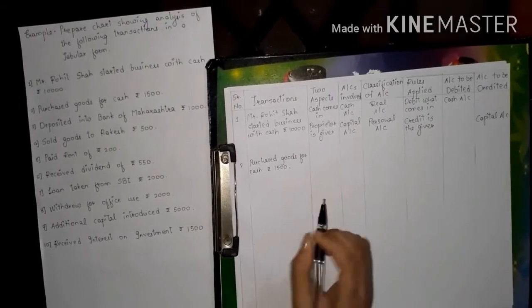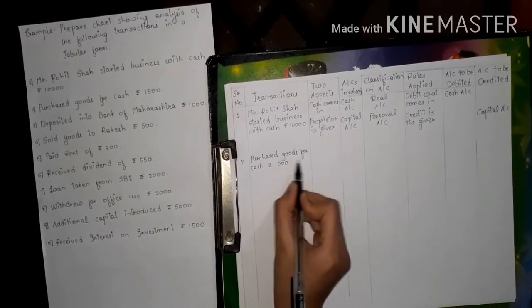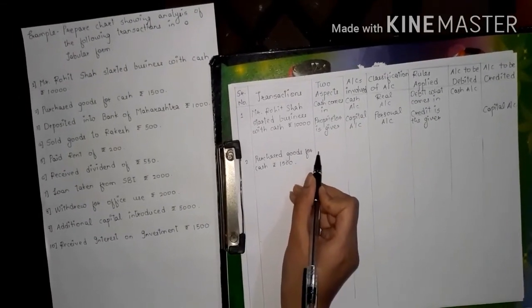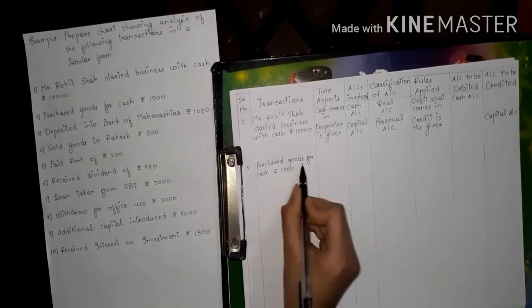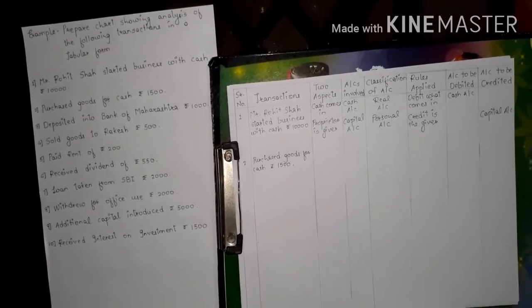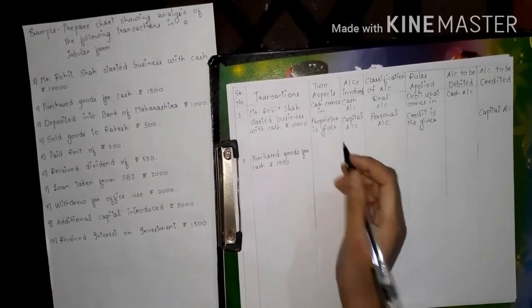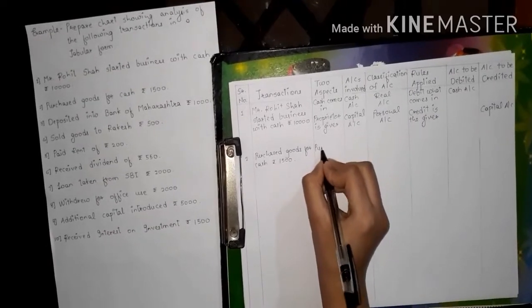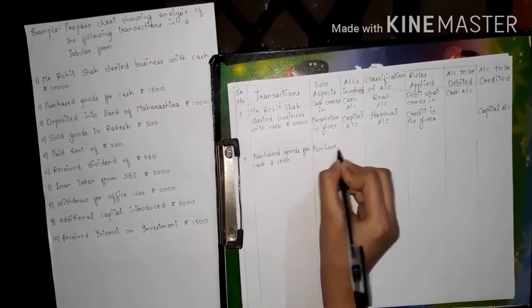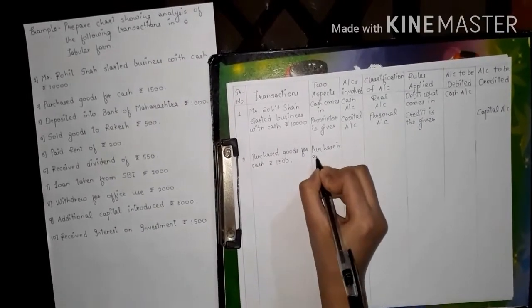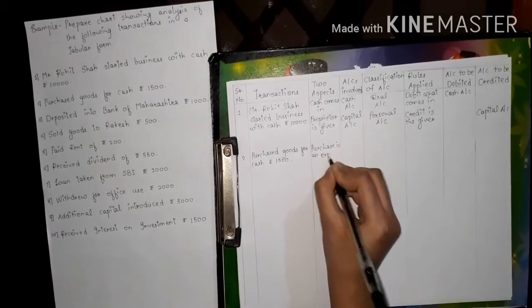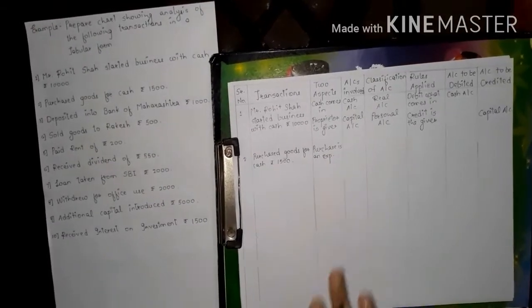Now two aspects. First aspect is purchased goods. Now this is our expense, as the amount of our business has gone out for purchasing goods. So purchase is an expense. I am writing here in short form: expense.